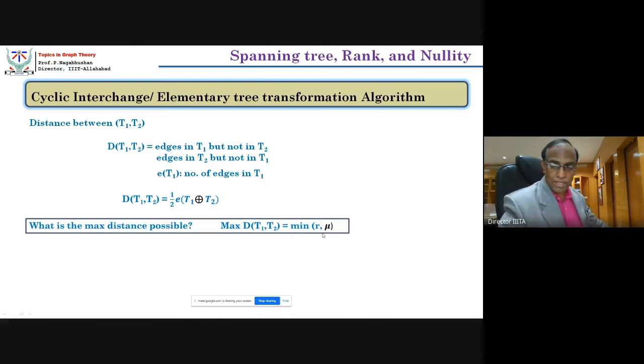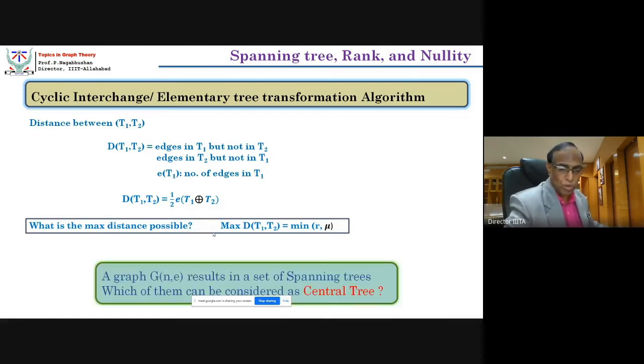If the cotree has fewer than R edges, at most you can replace only mu edges. Therefore, the maximum distance between two spanning trees shall be the minimum of rank and nullity. All right. You can prove it at leisure, and since there is no board, you may not be able to get it now, but try to prove it. Of course, you can always refer to some books also.